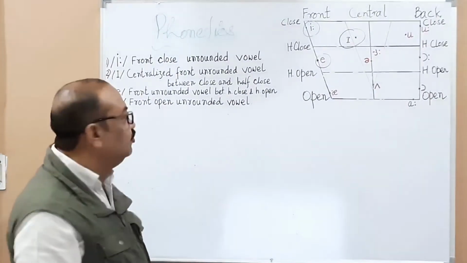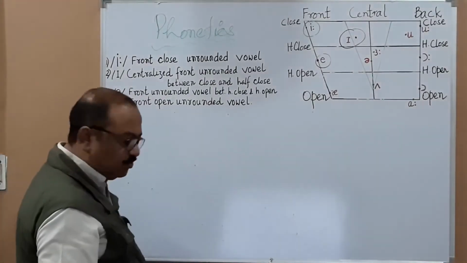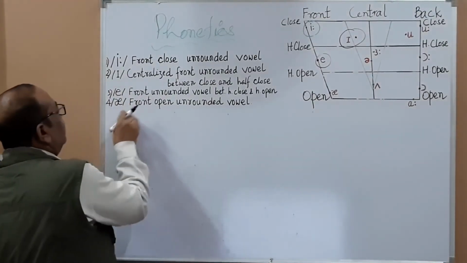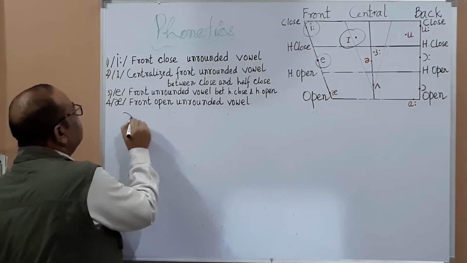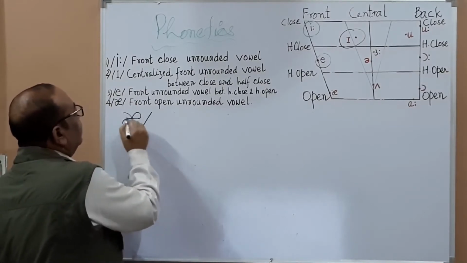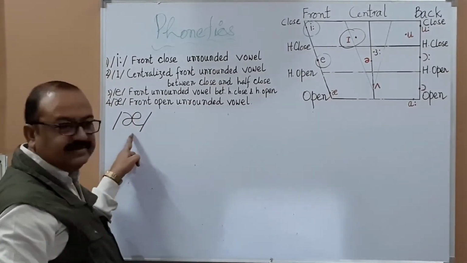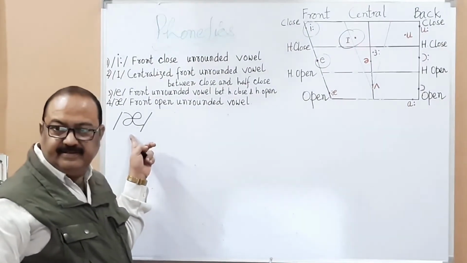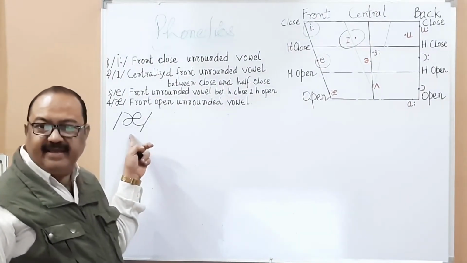Now we move on to the next symbol, which is æ. What is it? æ.